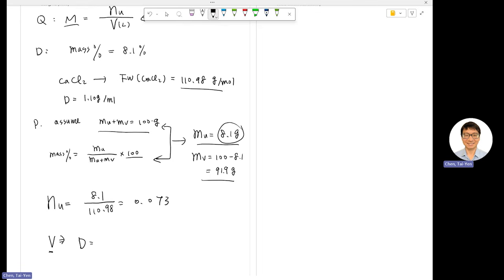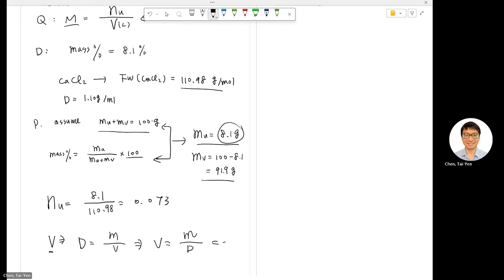We know the density was defined as mass over volume. Therefore, the volume can be computed by the mass of your solution divided by the density of your solution. Okay, so what's the mass of your solution?